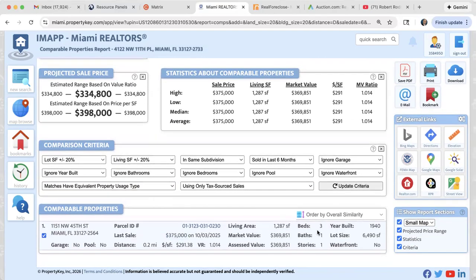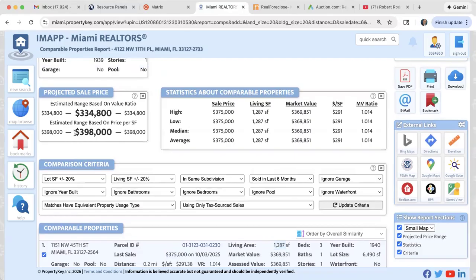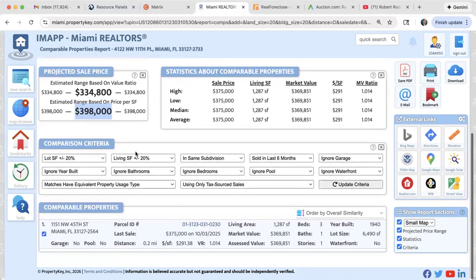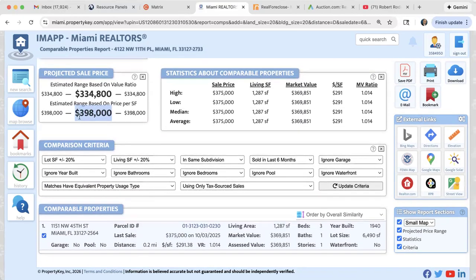Our comparable is a 3-1, slightly smaller at 1,287. The adjustment on the price is given to you right here. So the subject property has a value based on our one comparable of almost $400,000.